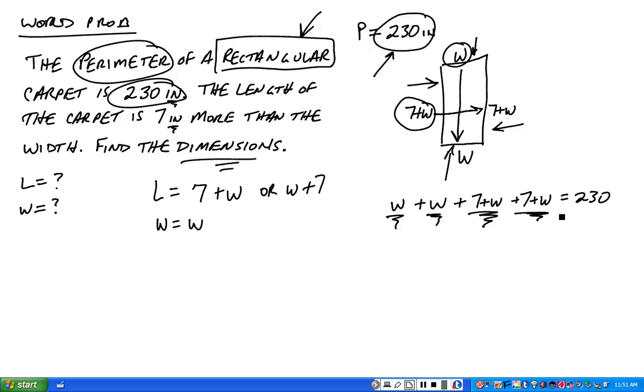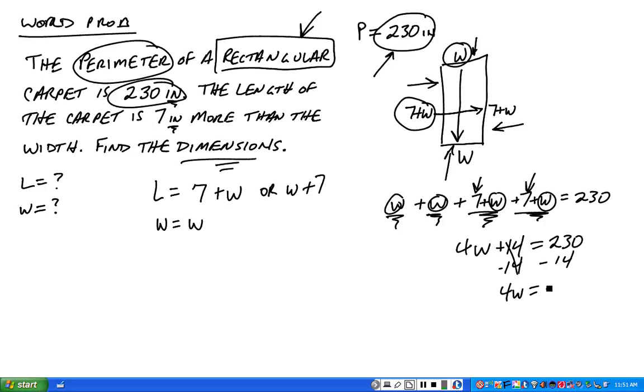So now when you combine all your like terms, you have 1, 2, 3, 4 W's. Then you have 7 and another 7 gives you 14. Still equals 230. Subtract 14, subtract 14. 4W equals, what is that, 216.